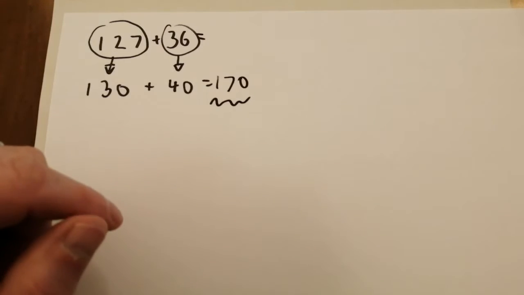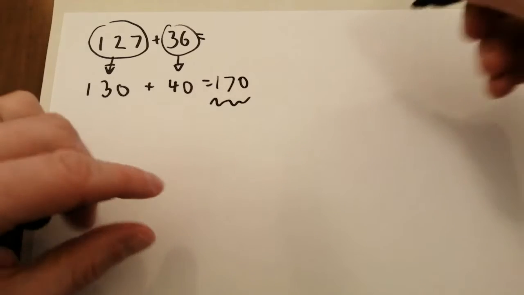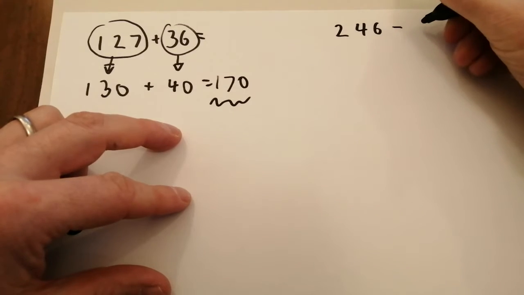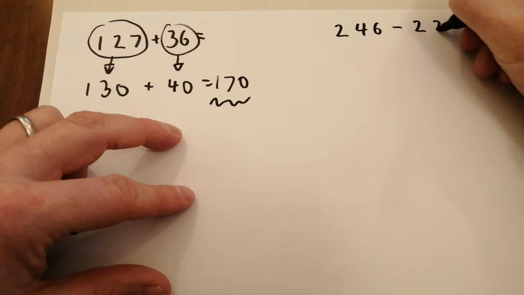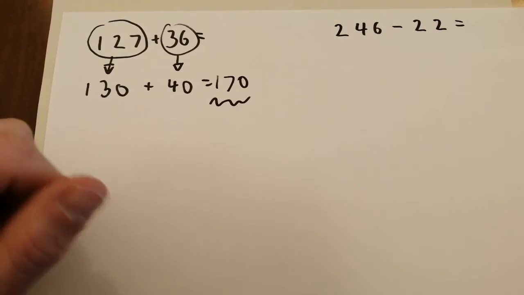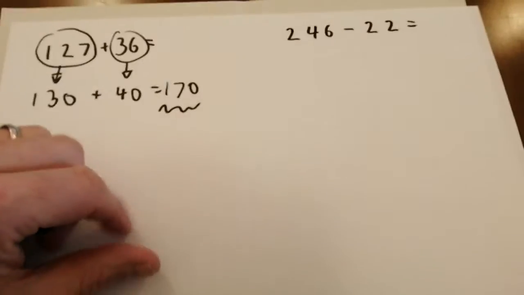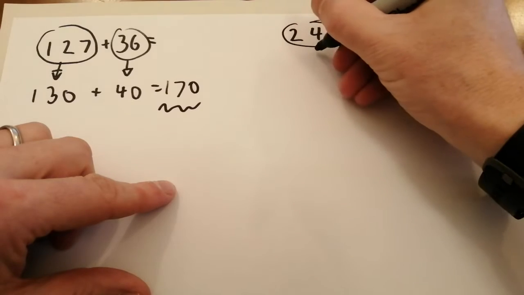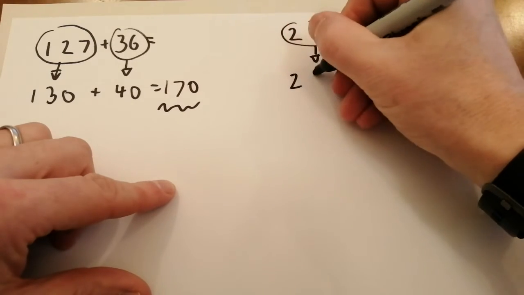We'll look at another one as well. Okay, so then I had 246 minus 22. Again, I'm going to do an estimation for this first. I'm going to round this number to the nearest 10, 246 to the nearest 10. That would become 250.